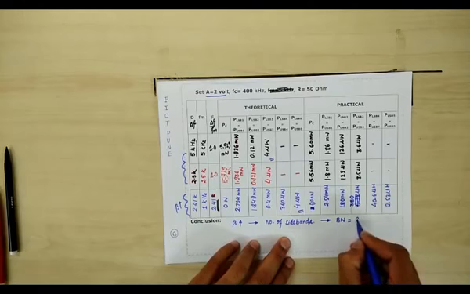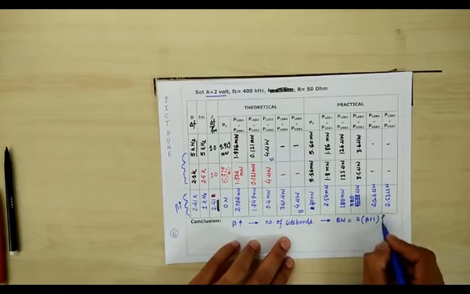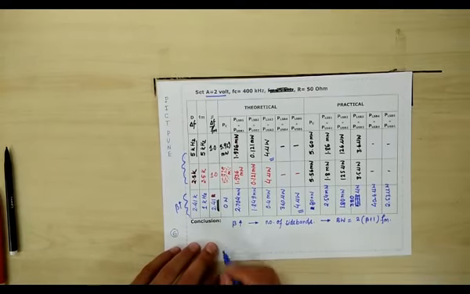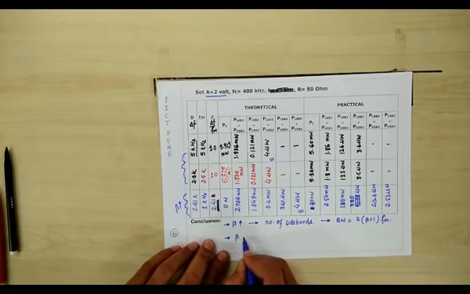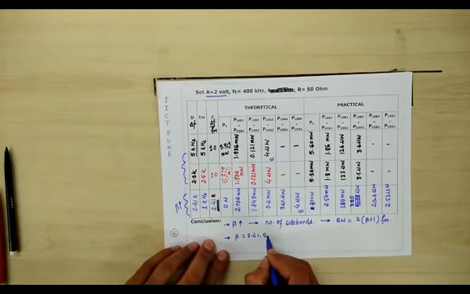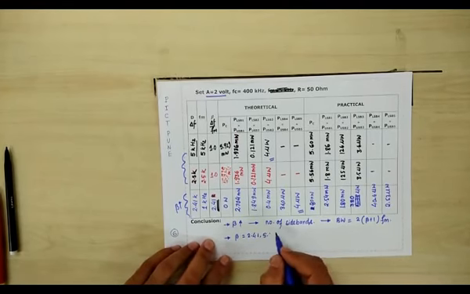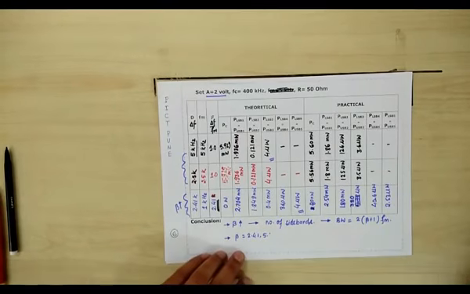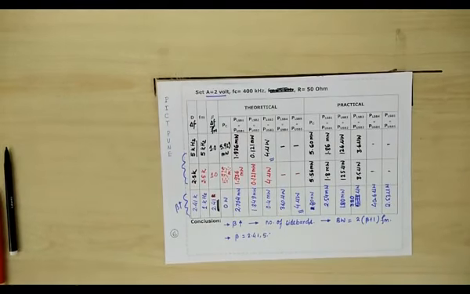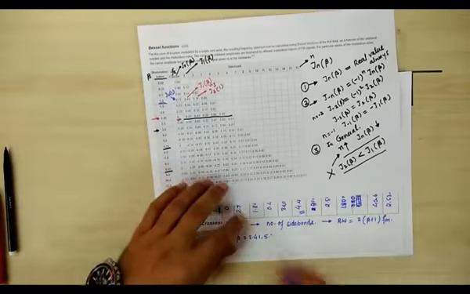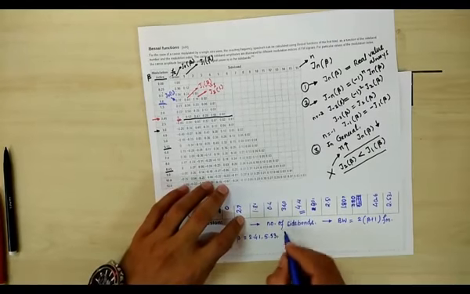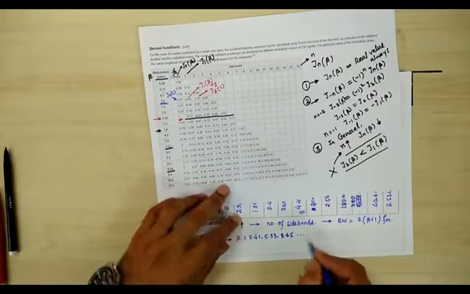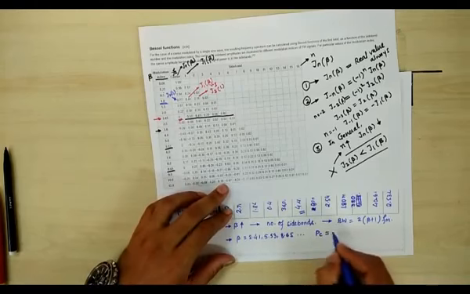So bandwidth is nothing but 2 times beta plus 1 times fm. Second thing is that by increasing beta values, for some special values of beta like 2.41, 5.5, 8.65 and so on, the carrier power is 0.